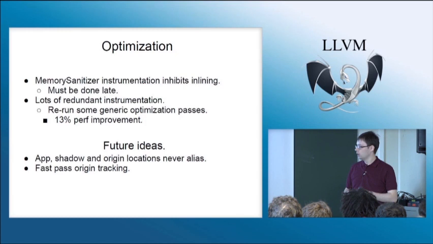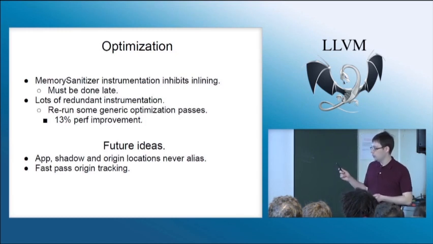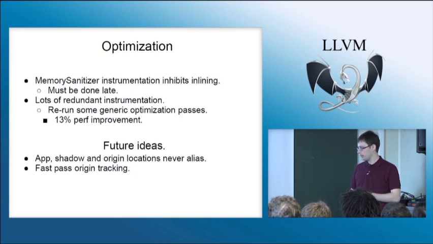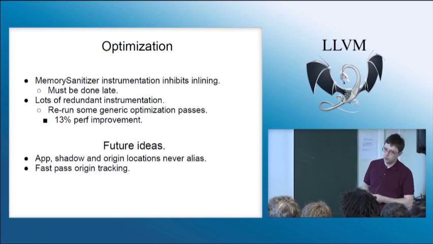For example, currently optimizers do not know that our application shadow and the origin memory never alias, and this leads to some suboptimal code.